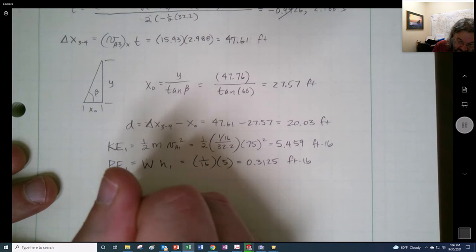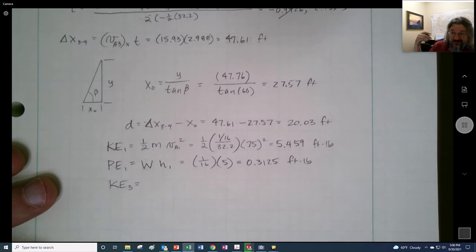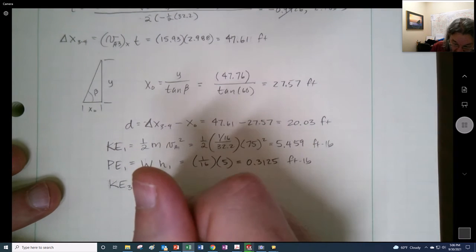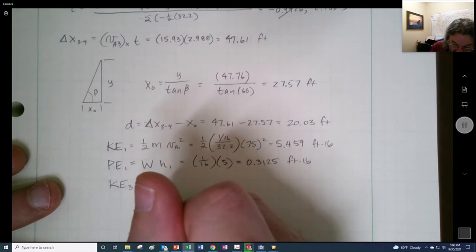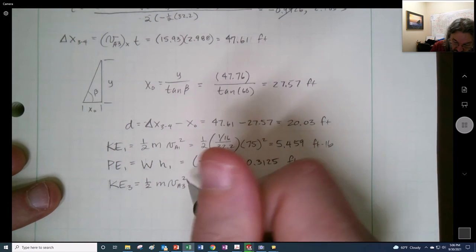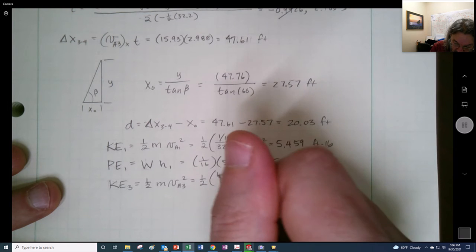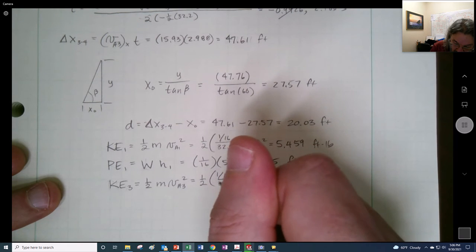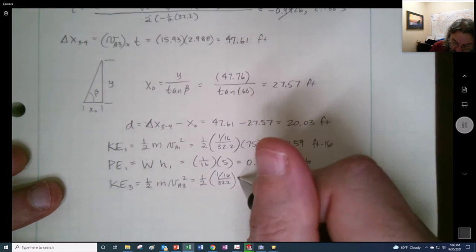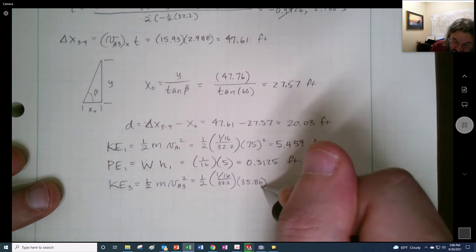The kinetic energy at state 3, right? This is after it has left the side of the wall. 1/2 m v A3 squared, right? So it's going to be 1/2 1/16 over 32.2, and now we have 35.86 squared.